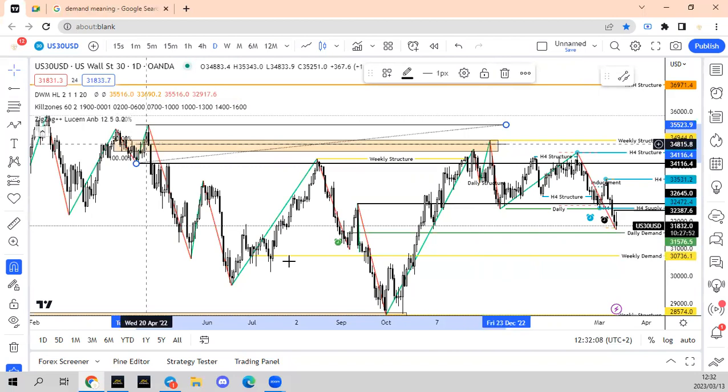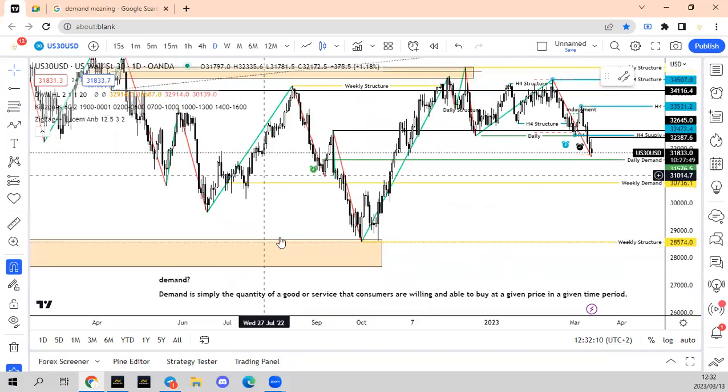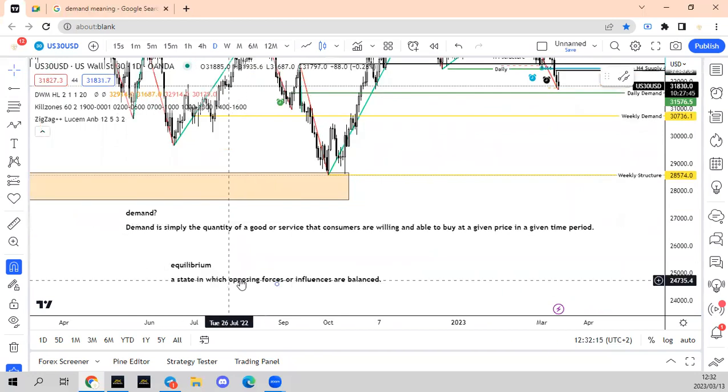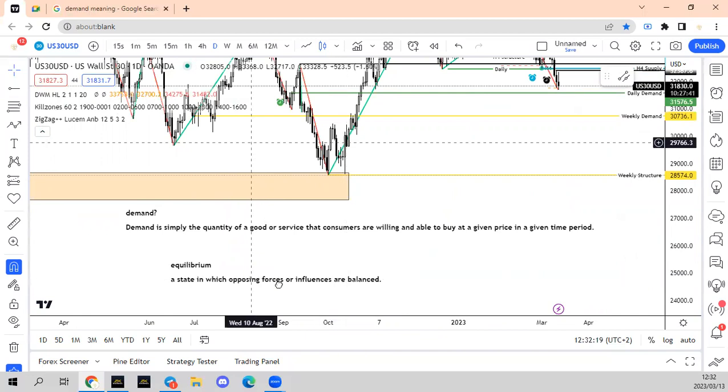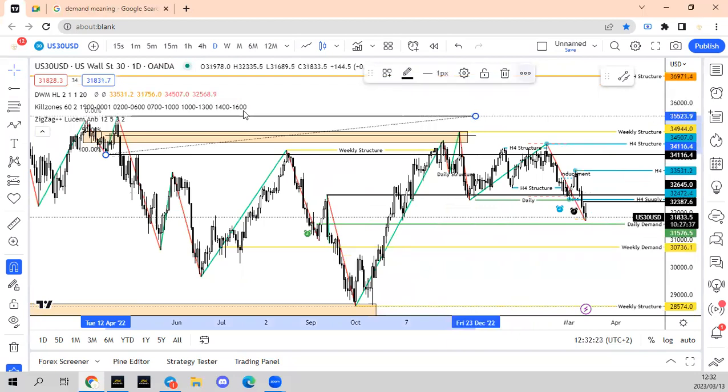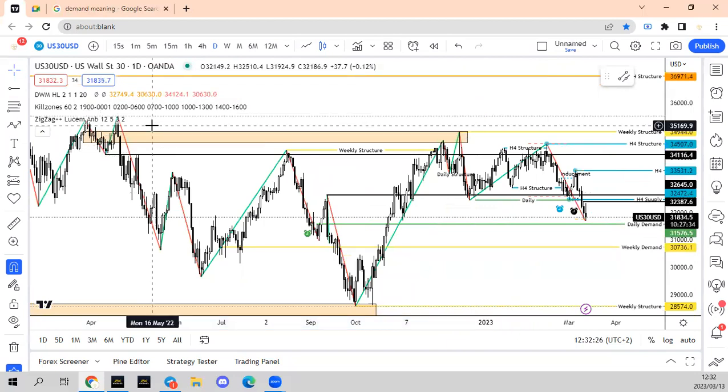Remember the meaning of equilibrium: the state in which buyers and sellers are balanced. This is where buyers and sellers agree, because remember, the market moves by demand and supply.